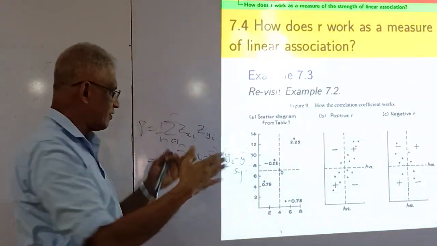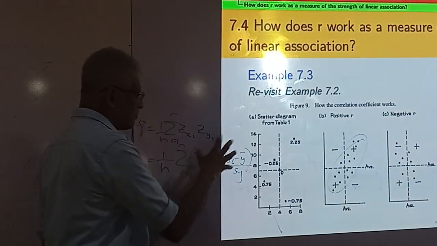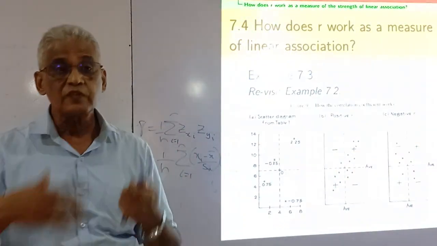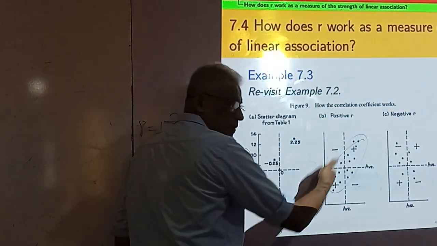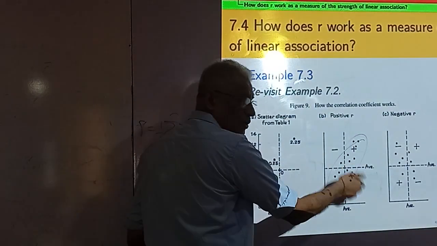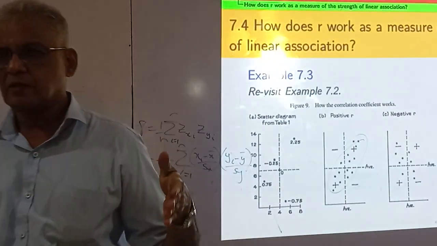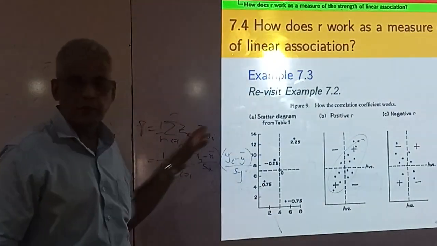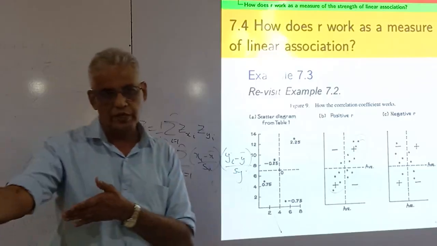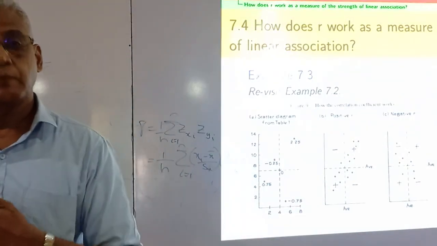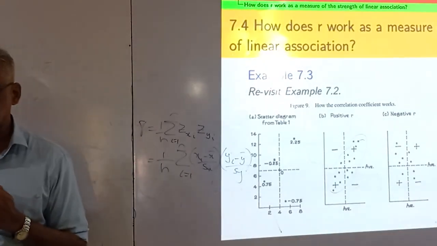There will be some products which are positive, some which are negative. But most of the products will be positive, and only a few will be negative. So when you take the average, generally the average of the products will be positive. So that's how you get a positive value for R if you have a positive linear relationship.